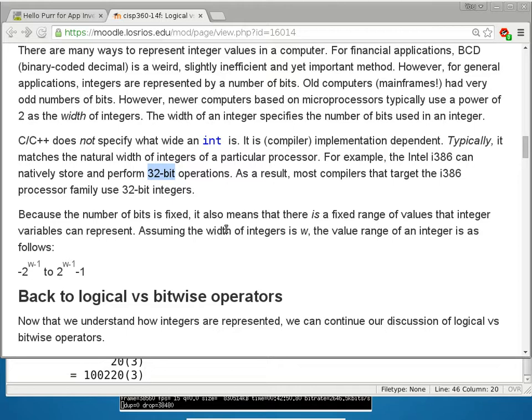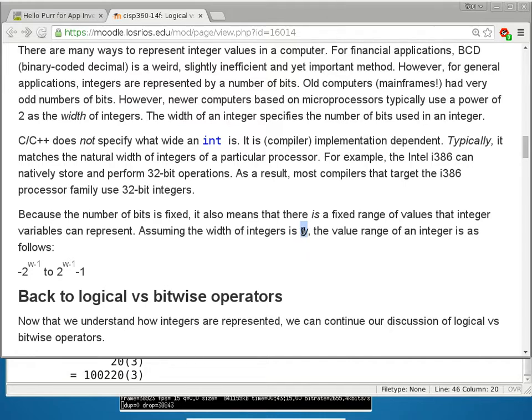Assuming that W represents the width of an integer, measuring the number of bits that we use to store an integer, and a bit, BIT, represents binary digit: the B comes from binary and the IT comes from digit. So a bit is just one single digit of a binary number.